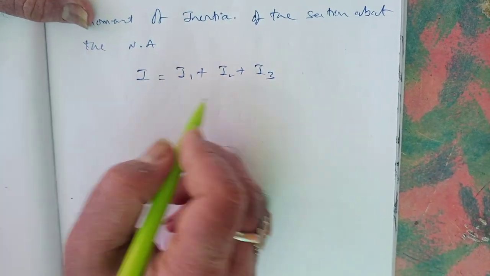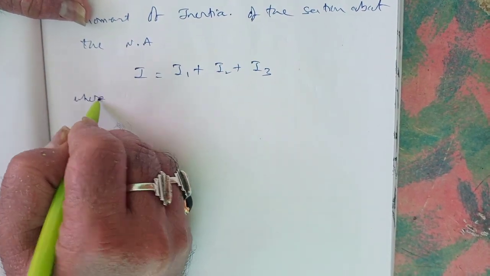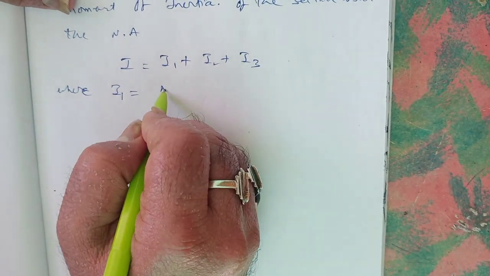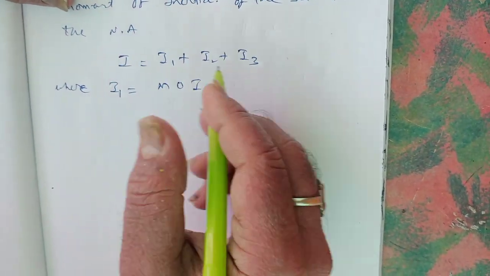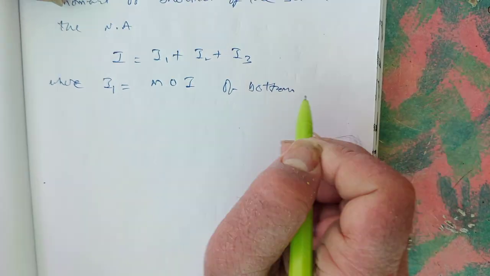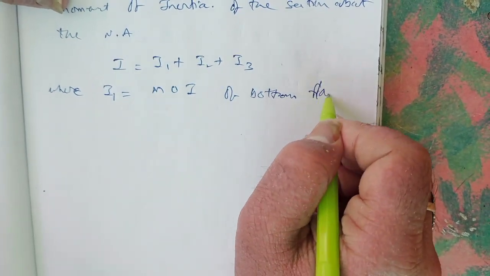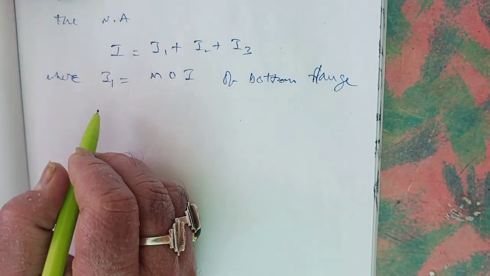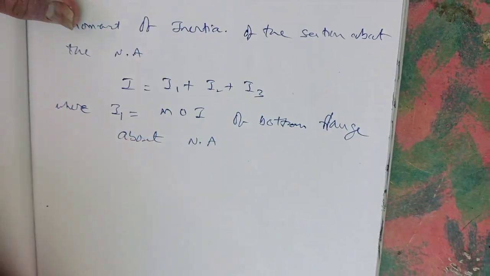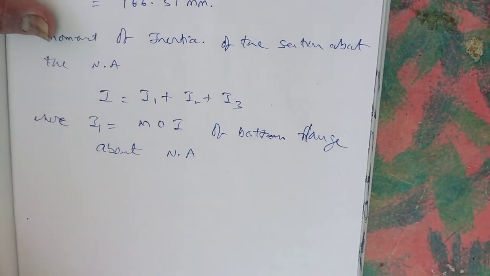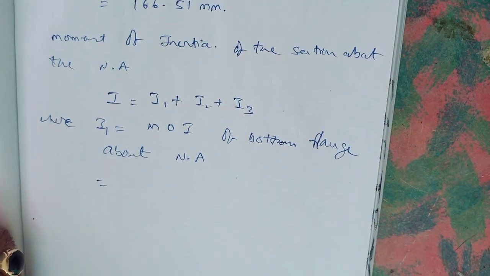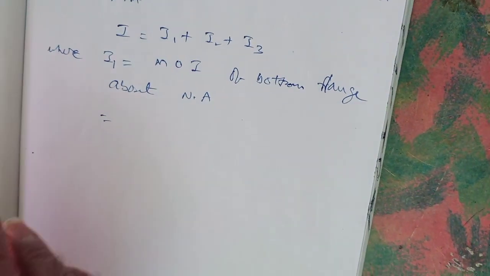Okay, so here I1 is equal to the moment of inertia of the bottom flange about the neutral axis. We have already calculated the neutral axis.